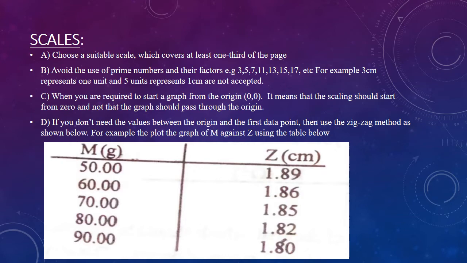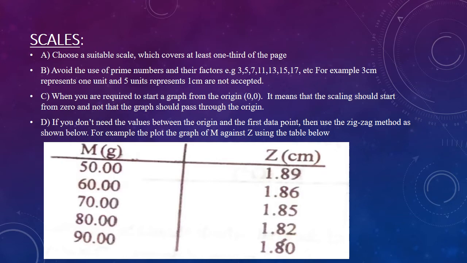Students make this mistake oftentimes. When they say that you should start your graph from 0, most students think that the graph must start from the origin. No. What we are saying is the first point on your scale should be 0. That will be displayed in this work as we proceed.